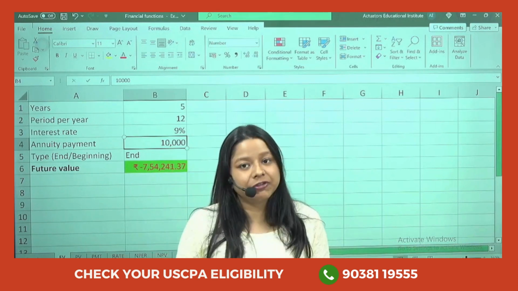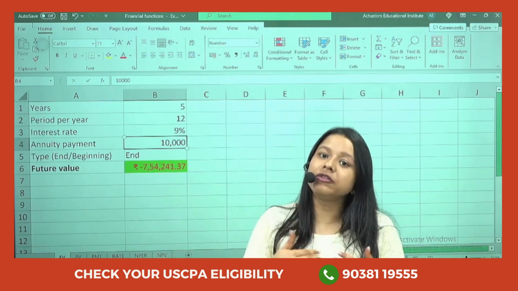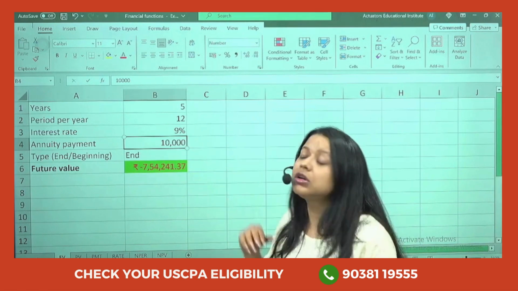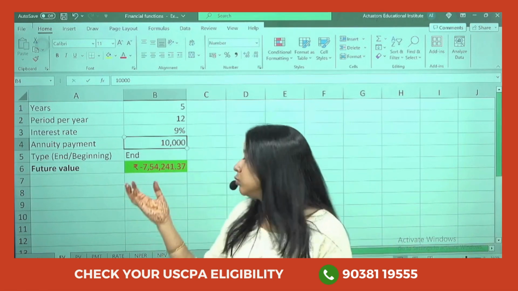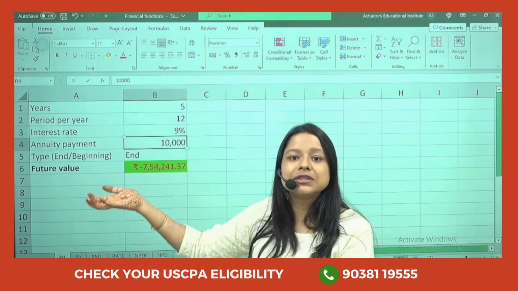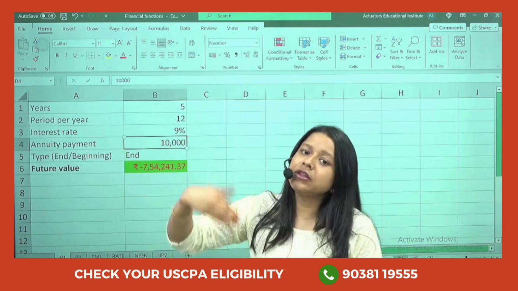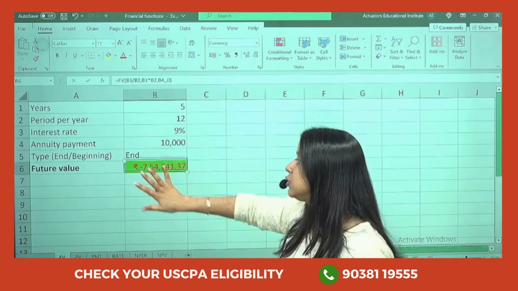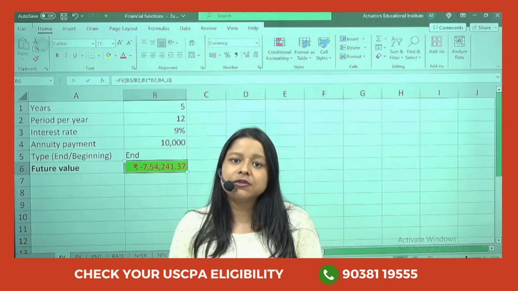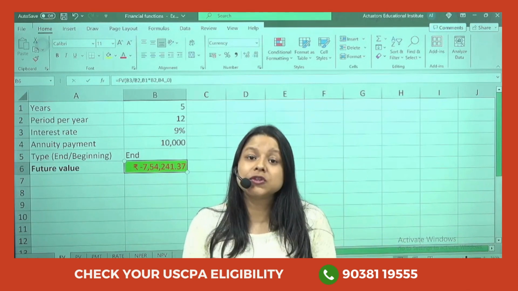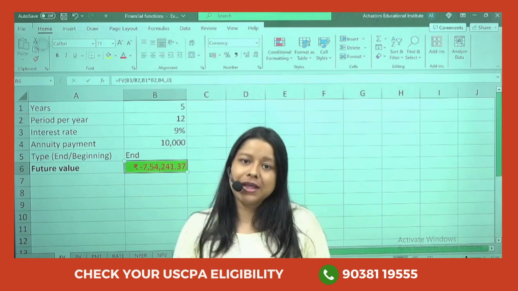So this is a negative figure. Why? Because all the financial functions assume that these are payments. Now if you simply understand that if this is something that you are receiving, then the future value needs to be positive. So you can consider this to be positive if this is a 10,000 payment which you are receiving rather than paying out. Thank you.